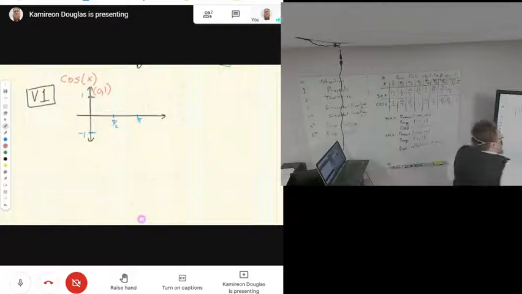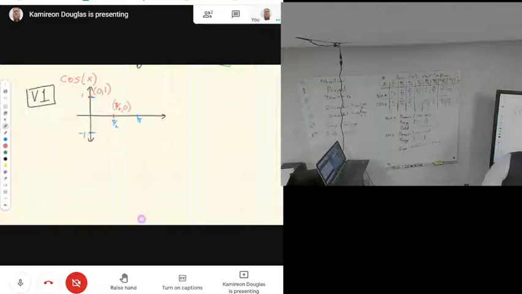So I come up here at pi over 2, the value is 0. At pi, it has a value of negative 1. I come over here, at pi, the value is negative 1. So I can see it's going to make this rough picture.